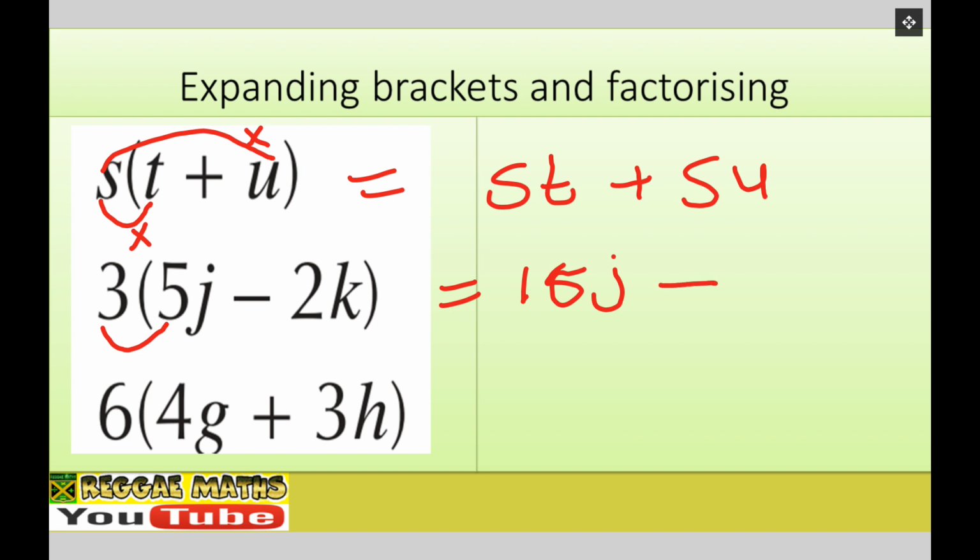And it's a takeaway. So you've got 3 times 2 is 6, so 6k.